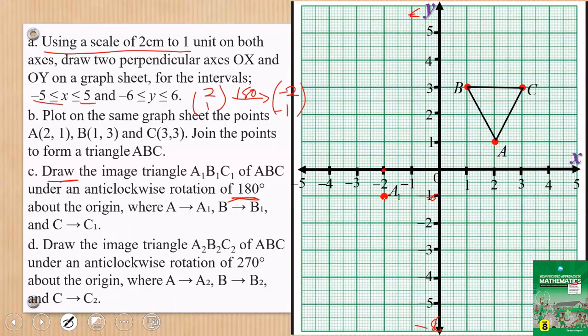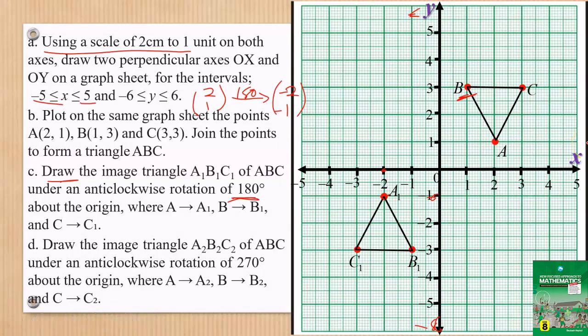Then the same thing can be done for B prime. If the original is 1, 3, the image becomes -1, -3. Then C is 3, 3, so the image becomes -3, -3. Then again, we join to get our rotation 180 degrees.